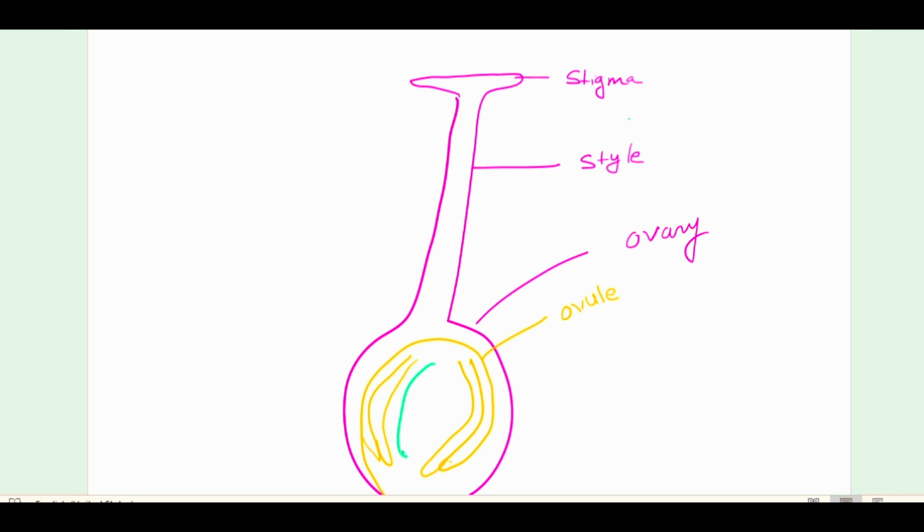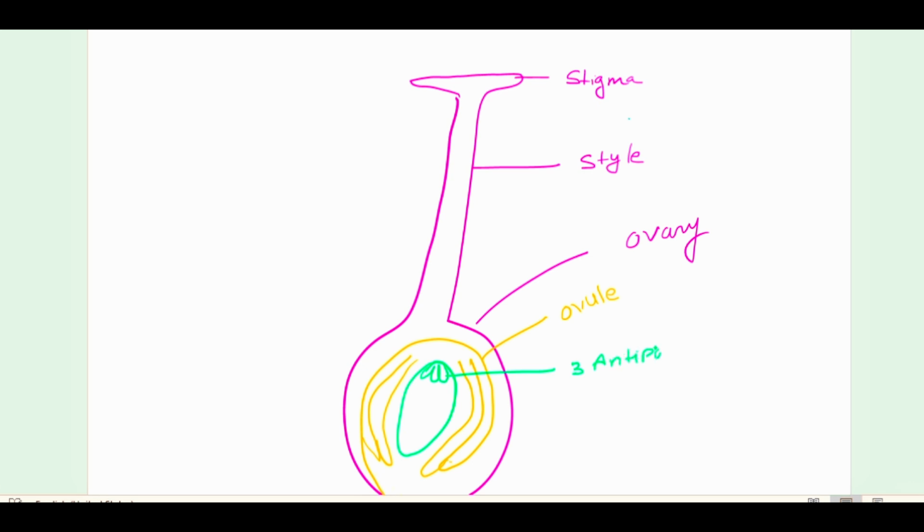Because I am drawing it inside the ovule, no need to mention the pole. So here the three structures which are present towards the chalaza, what do we call them? We call them the three antipodals.